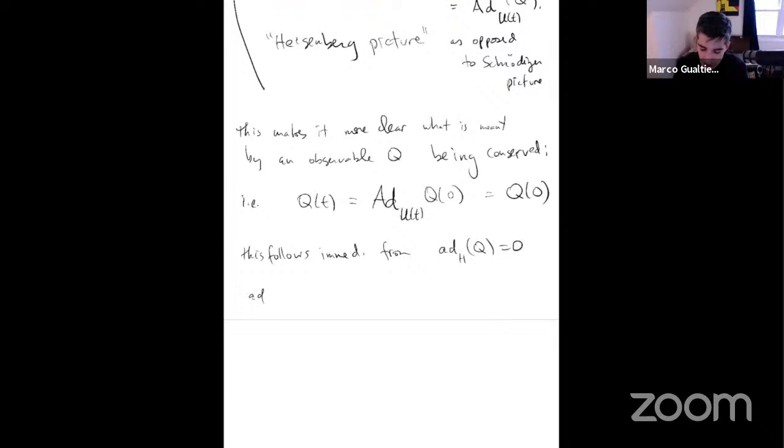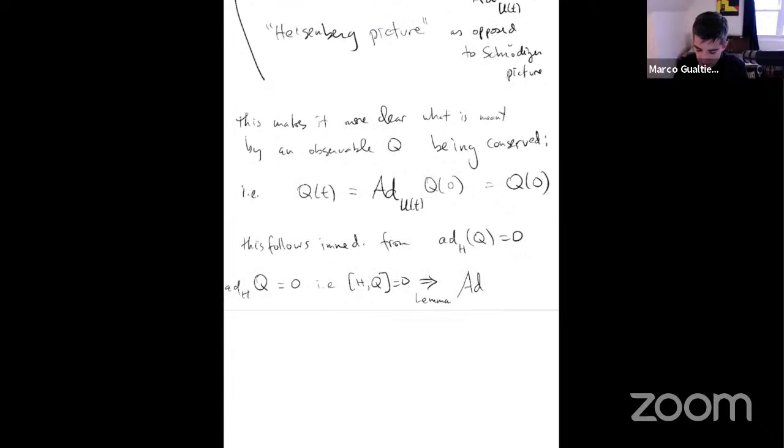So if little ad H of Q is equal to 0, i.e. the commutator of H and Q is 0, then this implies by the lemma that big Ad of the exponential of minus i H t applied to Q is equal to Q. Just look at the lemma.